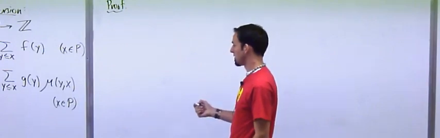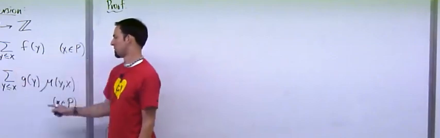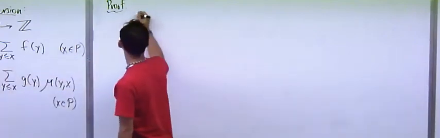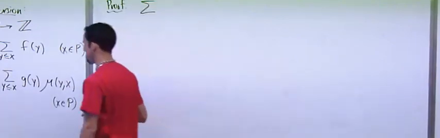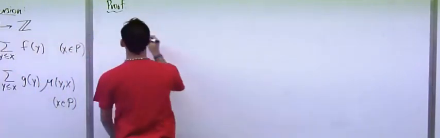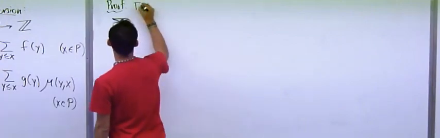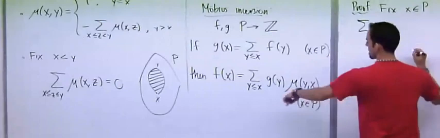Well, I'm basically just going to compute this sum and show you that it's equal to f of x. So let's compute, for a fixed x in the poset, this big sum.